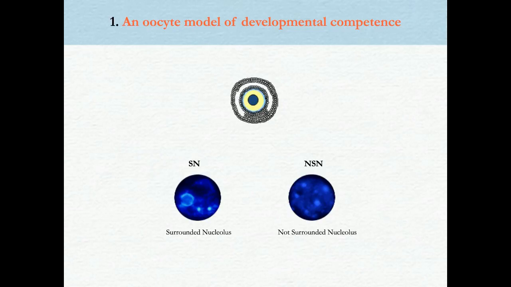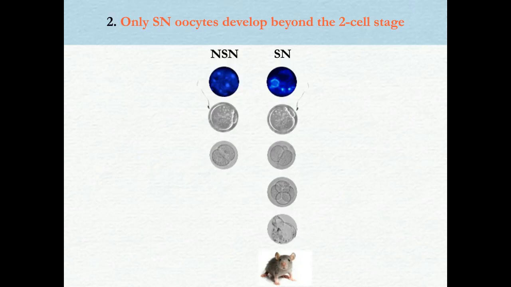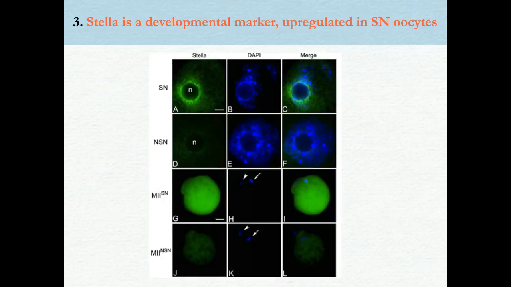Those that have an NSN chromatin configuration are developmentally incompetent, whereas those with an SN chromatin may develop to term. Also, developmentally competent SN oocytes display a high expression of the stellar maternal effect factor, whereas in NSN oocytes, stellar is downregulated.